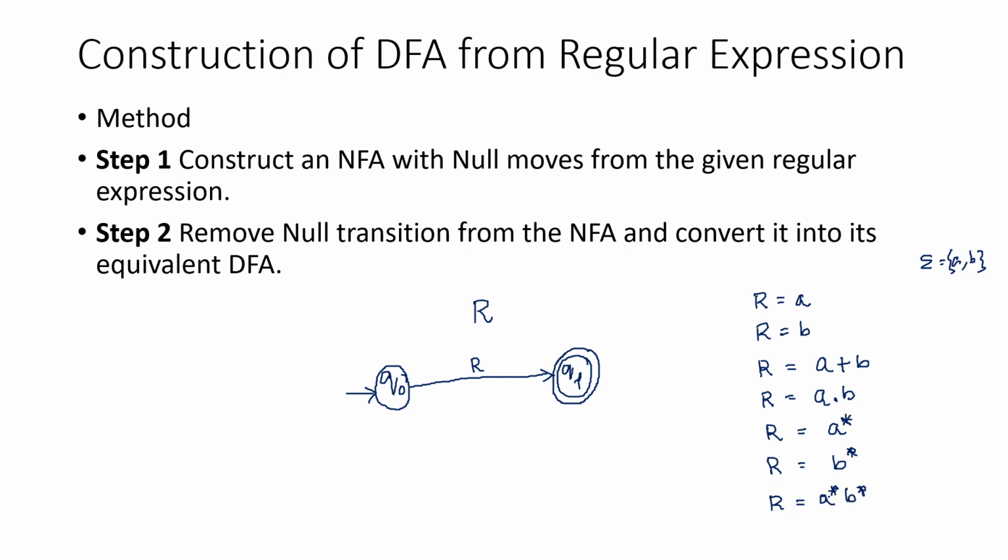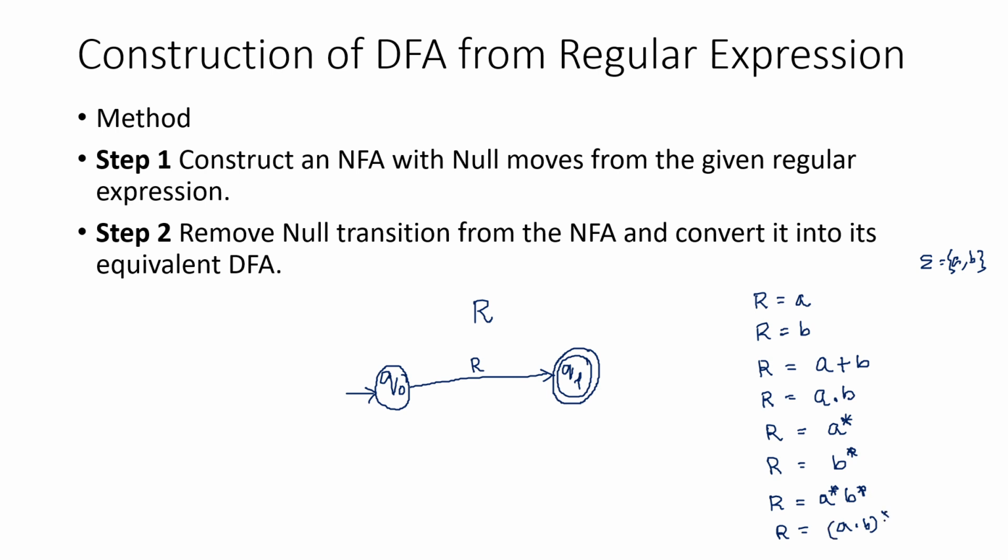But again you see it's following the rule of regular expression, because we have seen that if there are two regular expressions P and Q, we can create a new regular expression by concatenating PQ. So this is one regular expression A star, this is another regular expression B star, and we are creating another regular expression R by concatenating A star and B star. Similarly, I can have A dot B whole star.